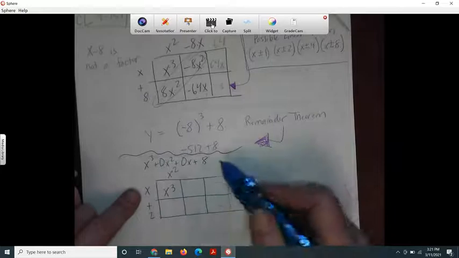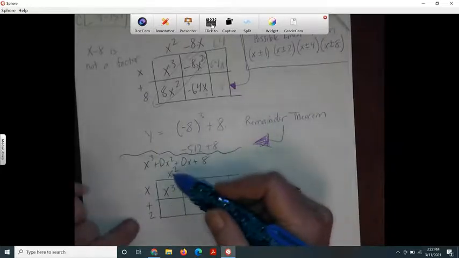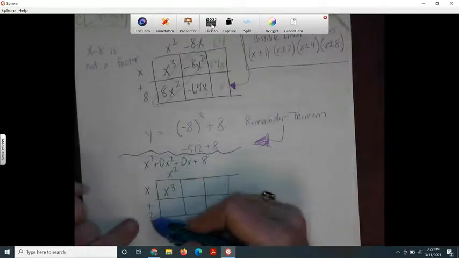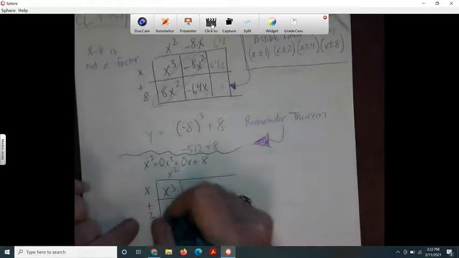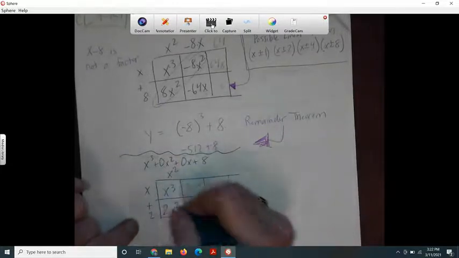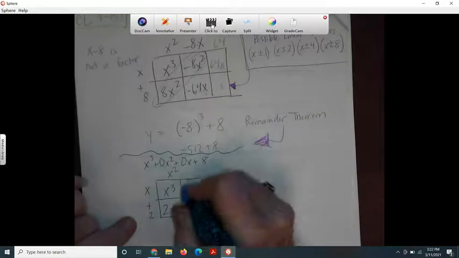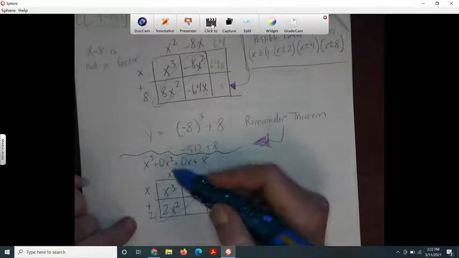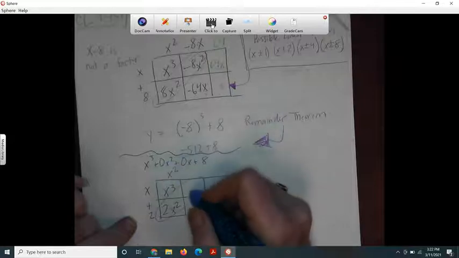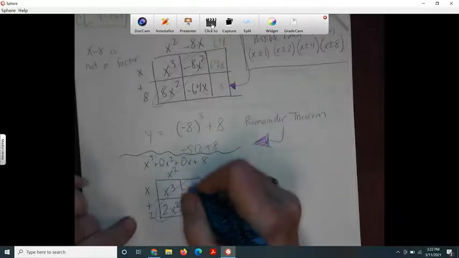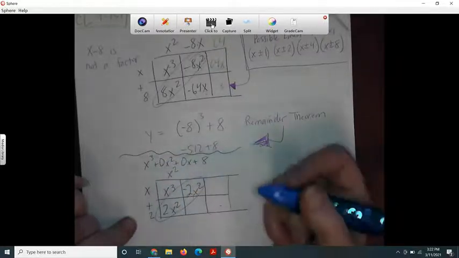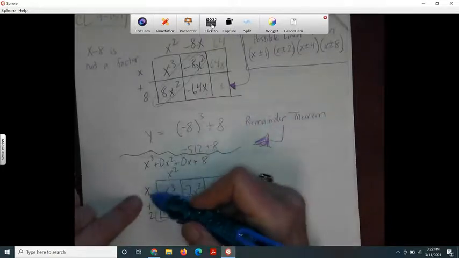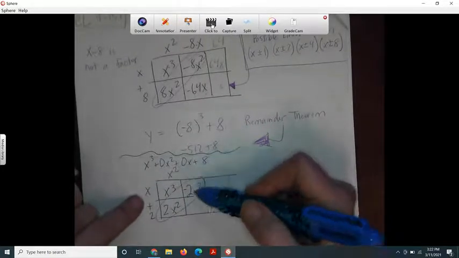And since the squared terms come from these two boxes, and they have to add up to 0, that forces me to make this one equal negative 2x squared. And then I multiply x times something equals negative 2x squared. Well, that would be negative 2x. And that forces this box to be 2 times negative 2, negative 4x.